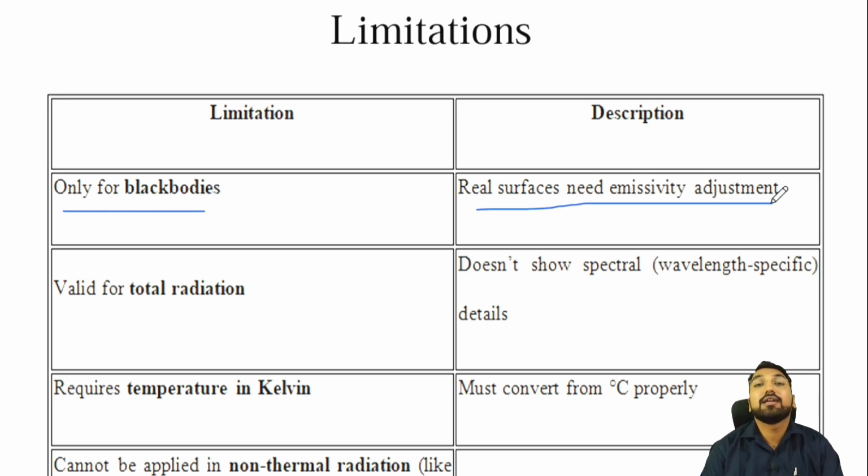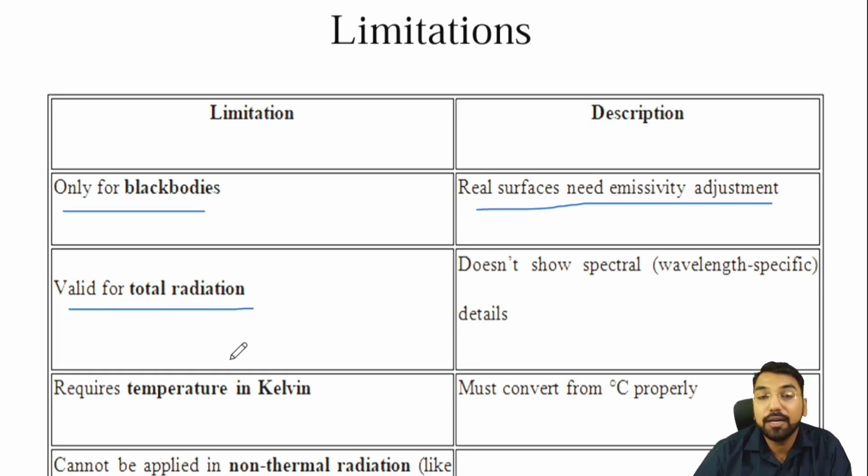That's why in actual practice we consider a gray body, where the emissivity, epsilon, is the emissive power of that object with respect to the emissive power of a black body, and in a gray body the emissivity is constant for any kind of wavelength. So it is valid for total radiation.